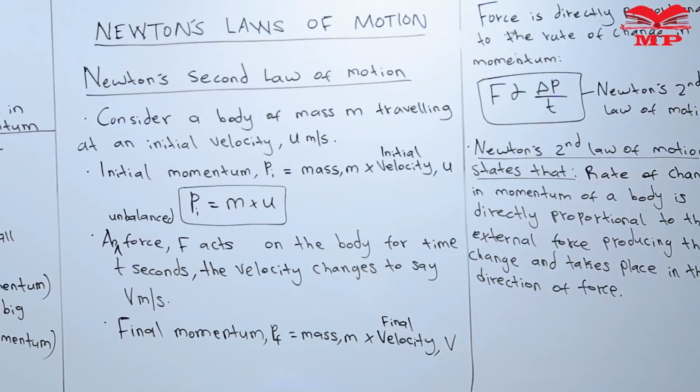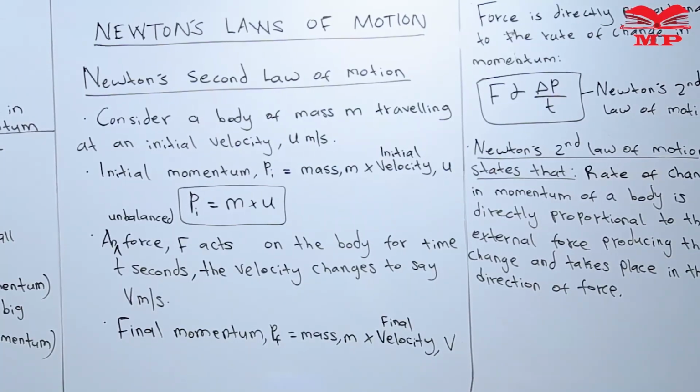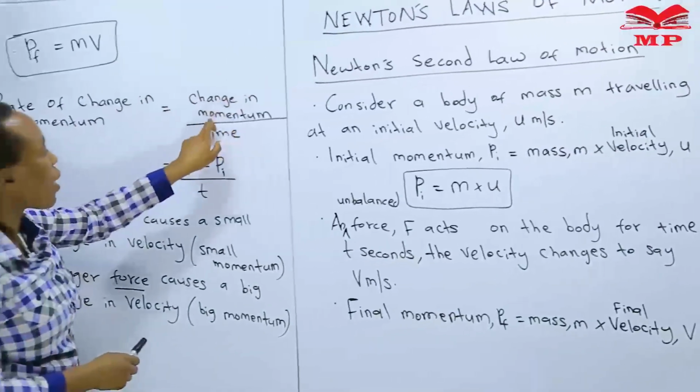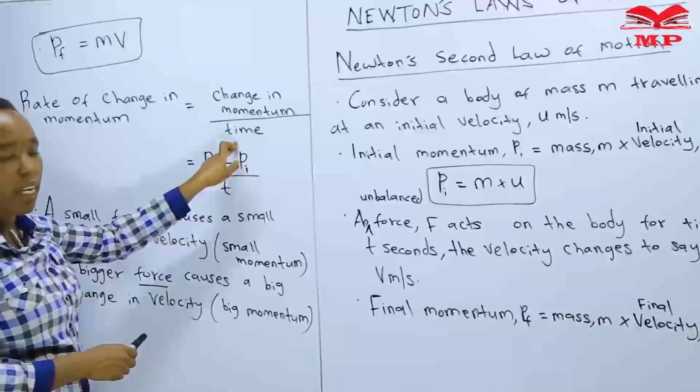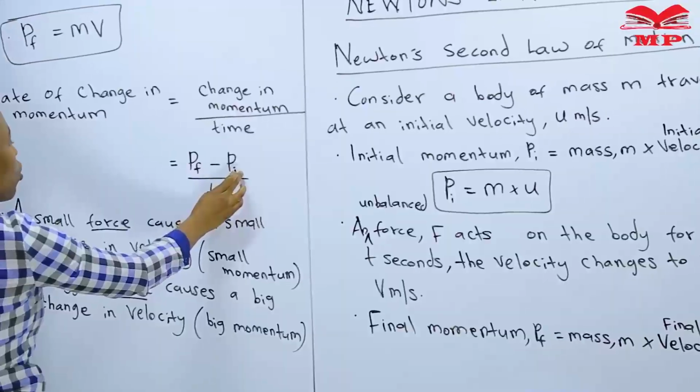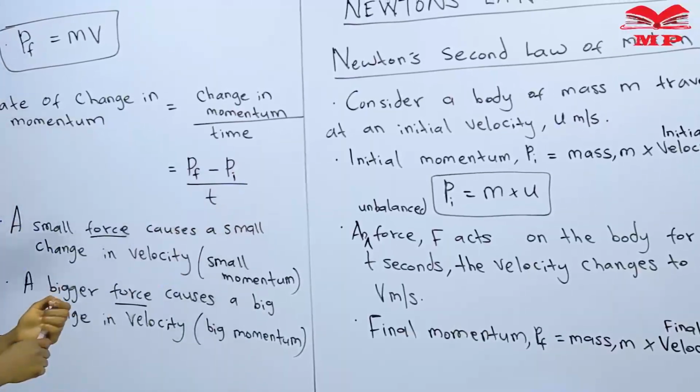The rate of change in momentum is the change in momentum over the time taken, so the final momentum minus the initial momentum, divided by the time taken.